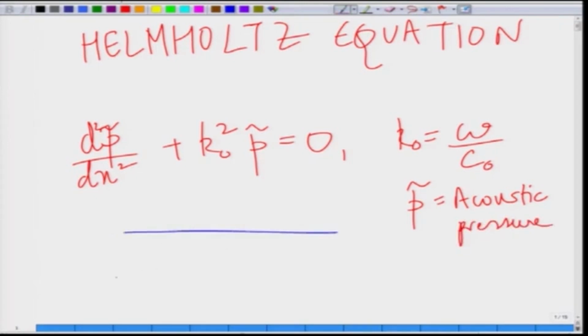So, maybe we can consider a duct like this, so the wave propagation direction is indicated.